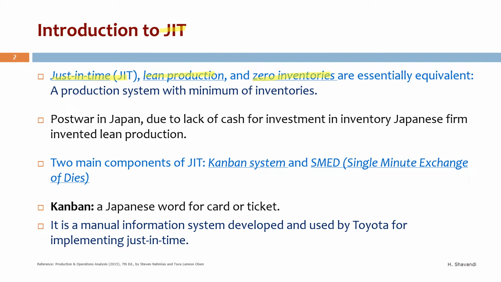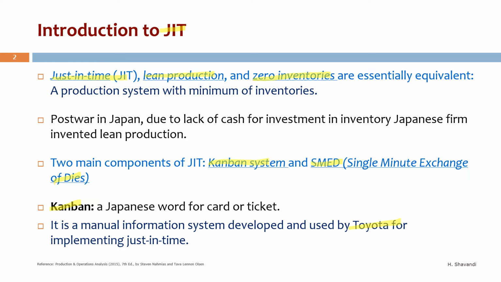In just-in-time, we have two main components: the Kanban system and SMED, or single minute exchange of dies. Kanban was invented and used by Toyota for implementing just-in-time, and it's a card or ticket, a manual information system.